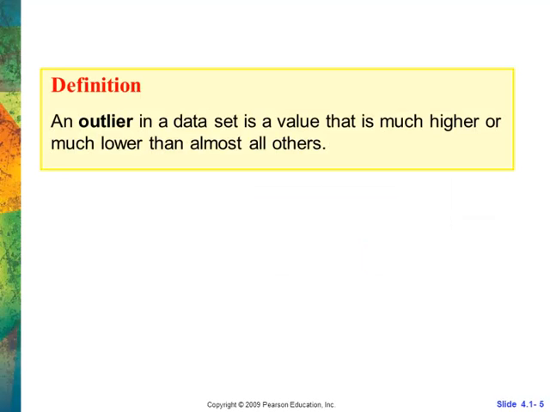So an outlier is a number that is very much higher or very much lower than all the other values. My favorite example of this is the North Carolina geography graduation salaries, because Michael Jordan was a geography major at North Carolina, and therefore when he graduated, his starting salary was in the millions of dollars.